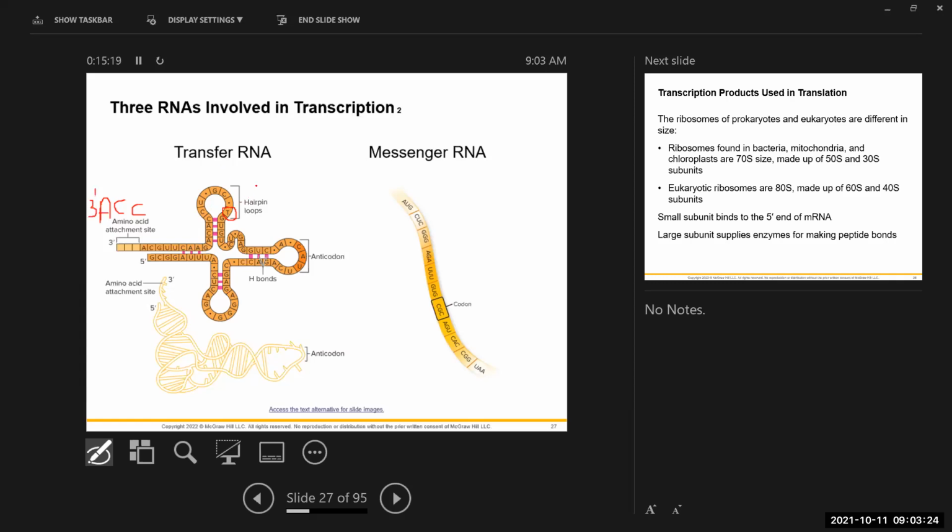Because of this, this is often called the thymine loop. Over here, you have another loop. And then this loop here is the anticodon loop. The anticodon is going to interact with the messenger RNA on the ribosome directly.